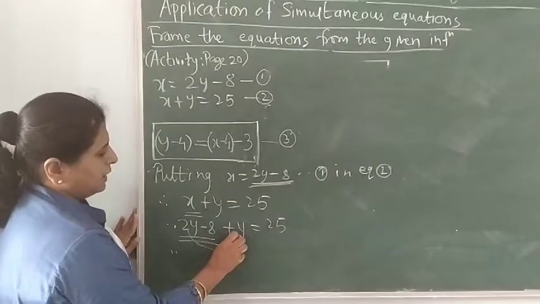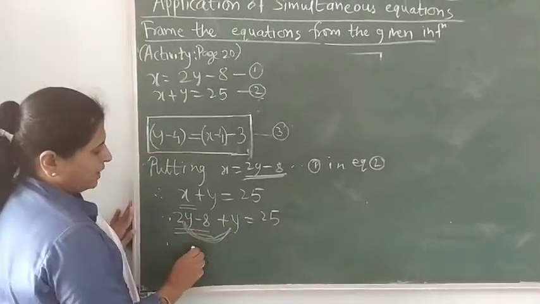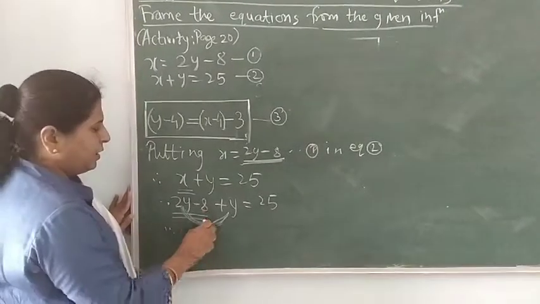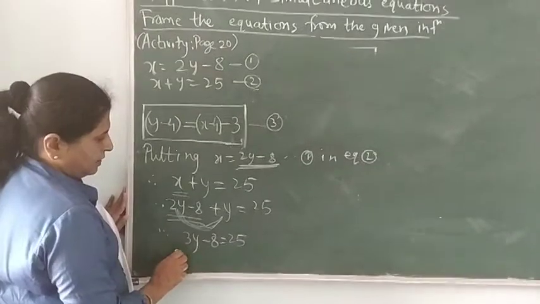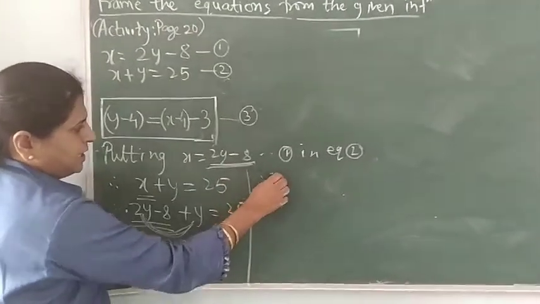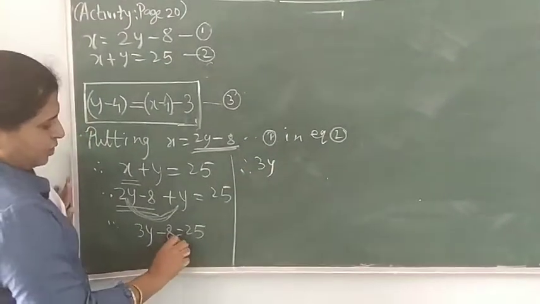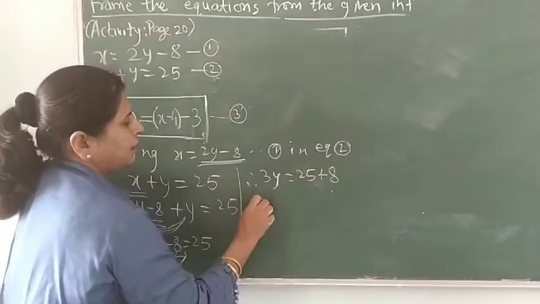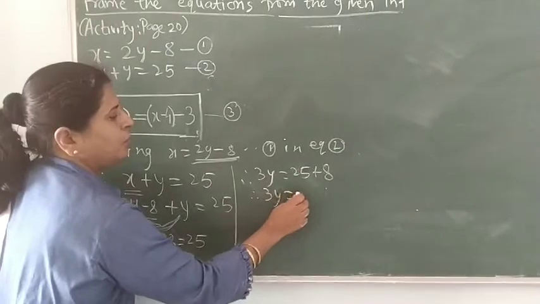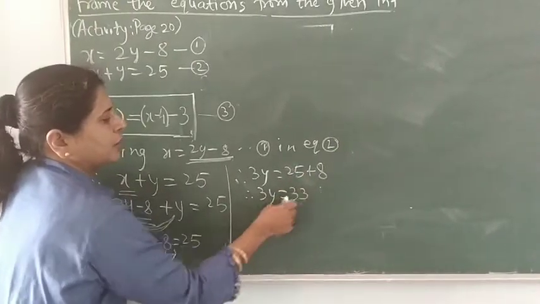Now collect the like terms: 2y plus y will give you 3y minus 8 is equal to 25, and therefore 3y is equal to 25 plus 8, that is, addition will give you 33.